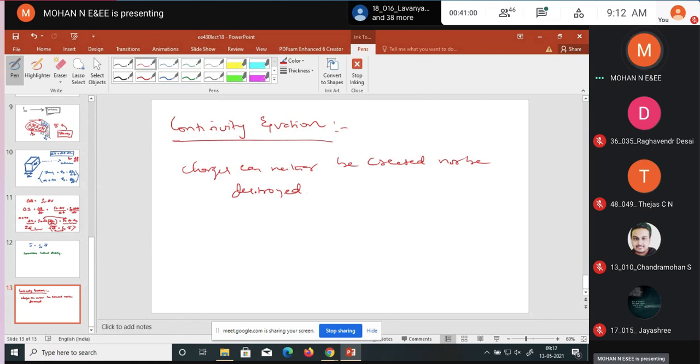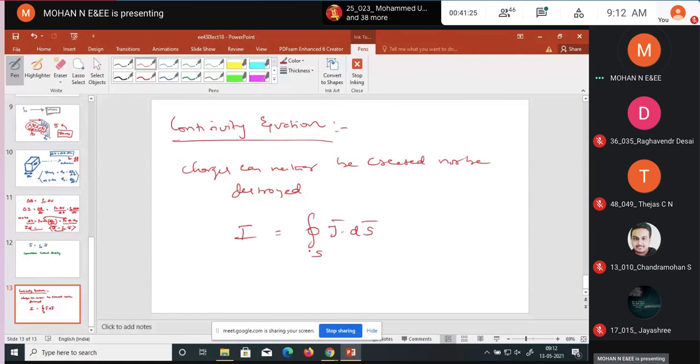That means the principle of conservation of charge. In a given closed surface, the current I is related to the current density like this.